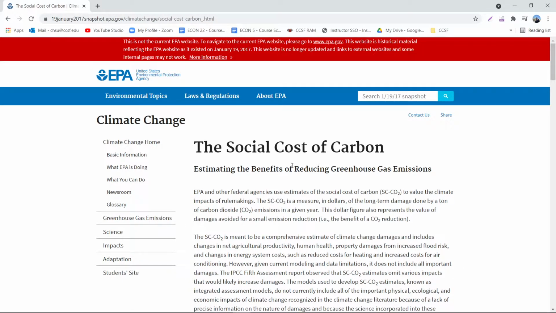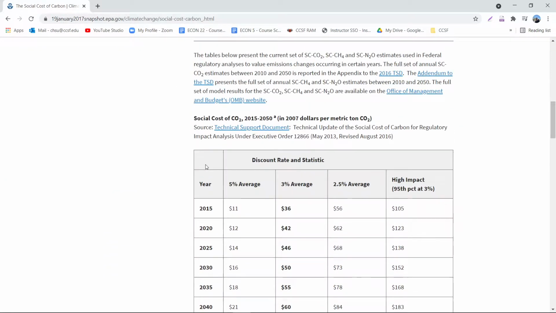Although good thing somebody archived it, but hopefully, with the new administration, we can get this website back online. But anyway, this is the social cost of carbon. So it's an attempt to estimate essentially the externality of greenhouse gas, right? Per metric ton, excuse me, of CO2.